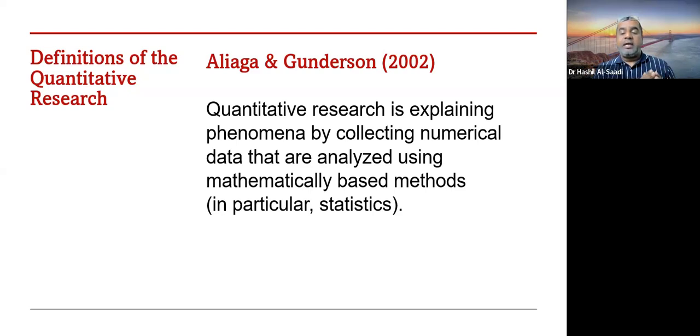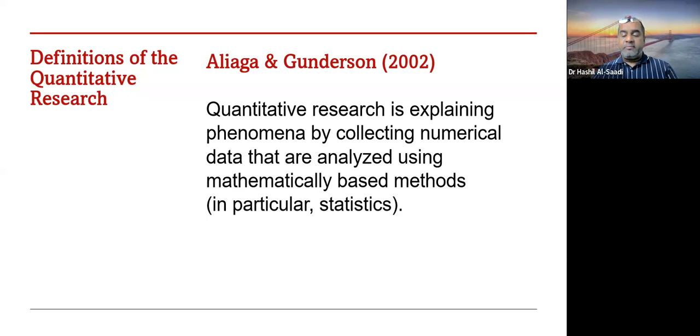We'll be talking about data of a qualitative nature, like perceptions, feelings, emotions, attitudes, beliefs, and so on. So this is different. Here we're talking about collecting numerical data that are analyzed using mathematically based methods, in particular statistics.